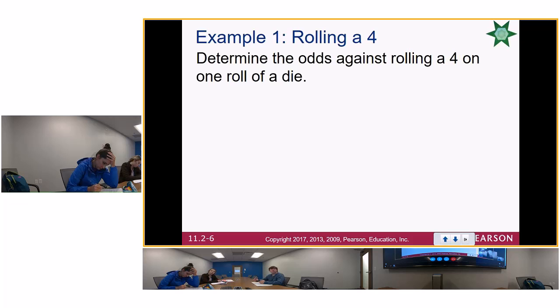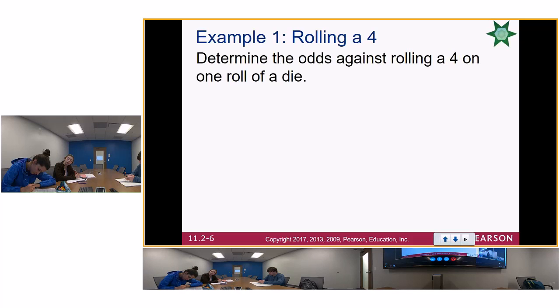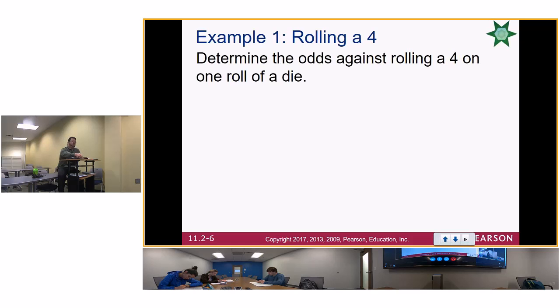So it shouldn't be that hard. What is success? 1 out of 6. Then what would failure be? 5 out of 6. There you go, so do it. If you can't do it, then you're a disappointment.